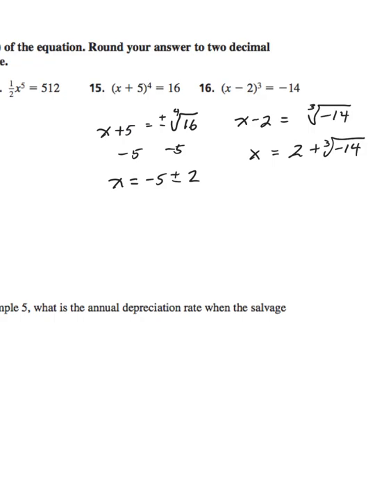If it's an odd root, there's only one answer. If it's an even root, there's a possibility of either a negative or a positive answer. We'll get used to this. Odd root has one answer; even root has a positive or negative answer.